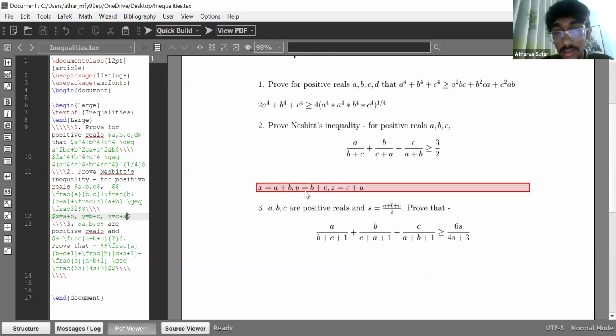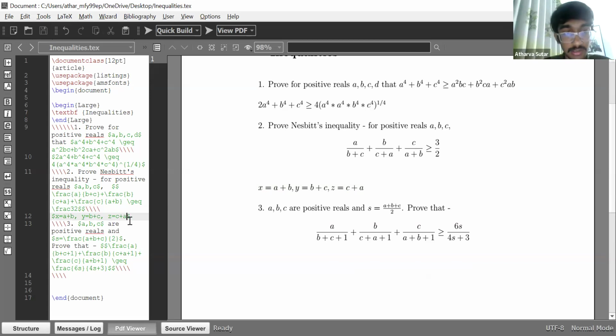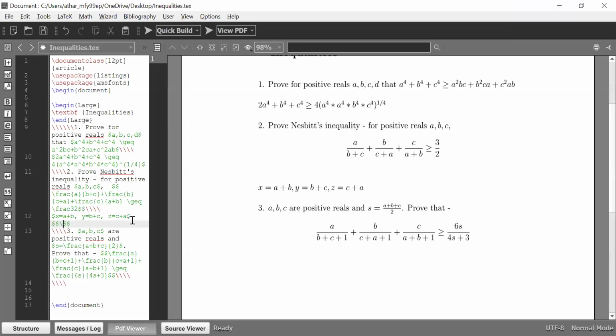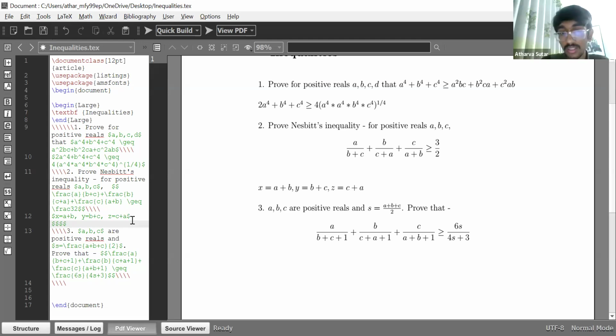Okay, and now can someone tell me what a, b, and c will be in this format? Anyone? I'm pretty sure it's x plus y plus z by 2 minus x. It's close to that. Actually, a would be x plus z minus y by 2.